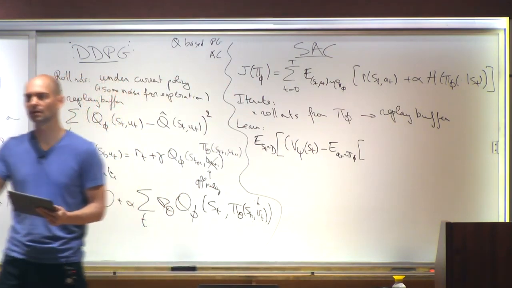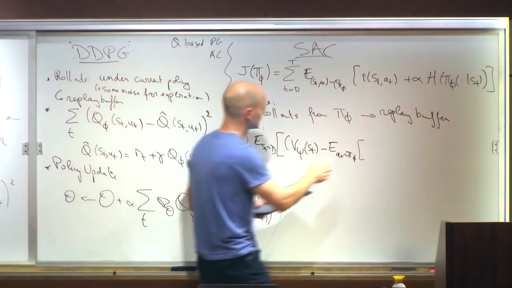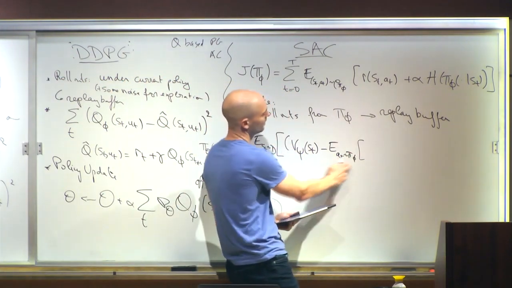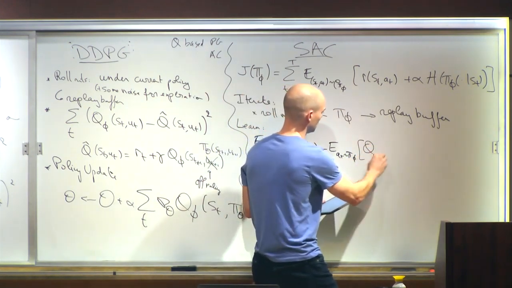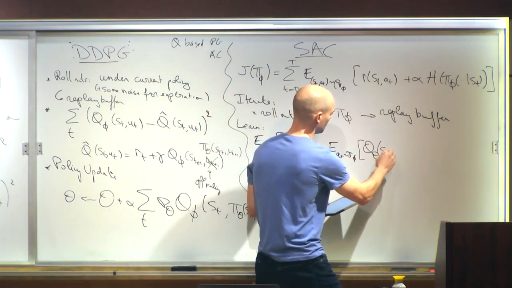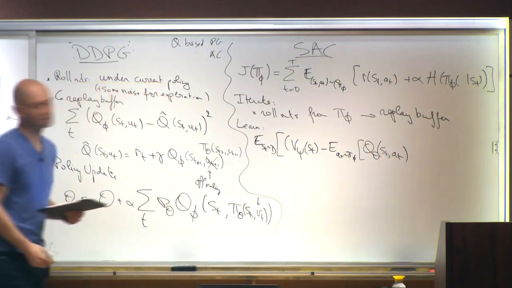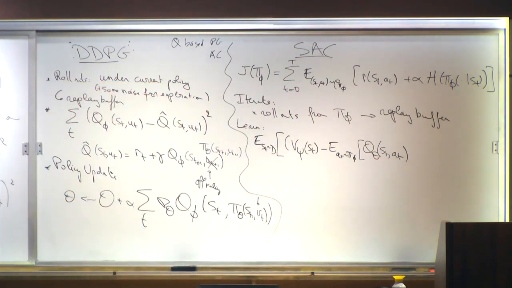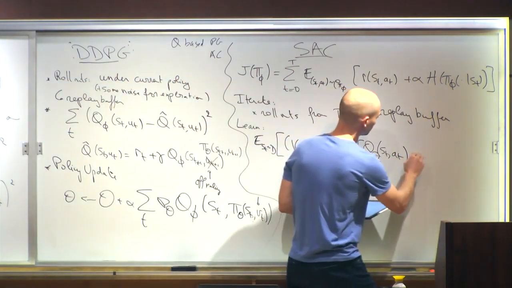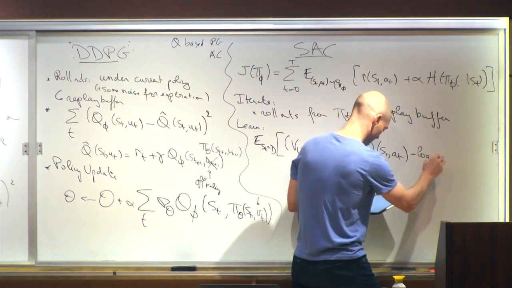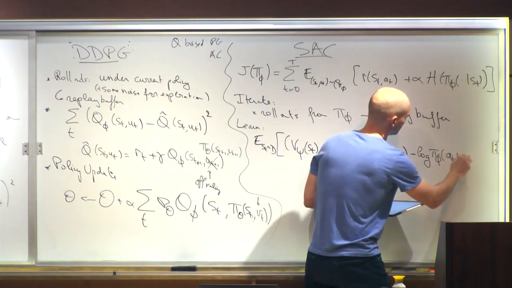Evaluating the value of the current policy is really the Q function, averaged over actions taken according to the policy. So far, this would just be a regular value function, but we have a max entropy objective. So in addition here, we have minus log pi phi, action given state.